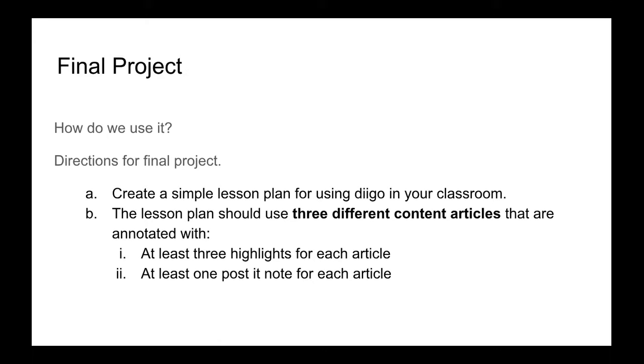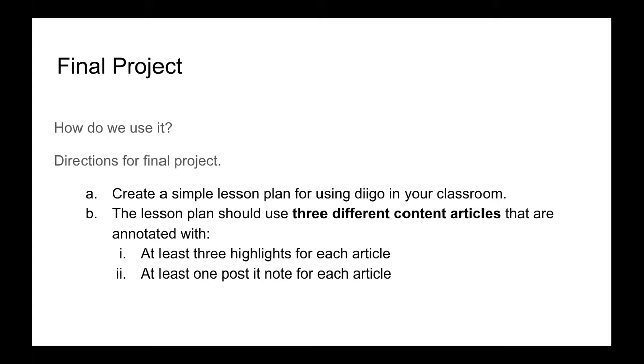So last thing I want to talk to you about is wrapping this class up and your final project. First thing, we would like for you to create a simple lesson plan. It doesn't have to be anything fancy, it's just whatever you would use for your normal classroom, how you would incorporate Diigo into that. And then in that lesson plan, we would like for you to find 3 relevant articles that you would use in your classroom.